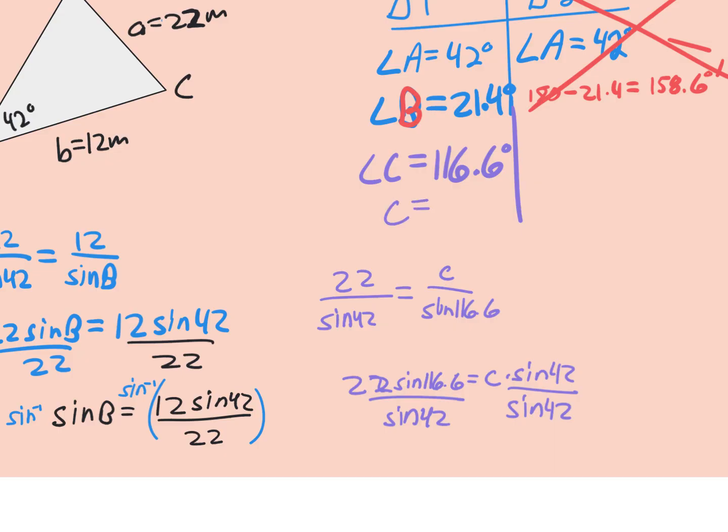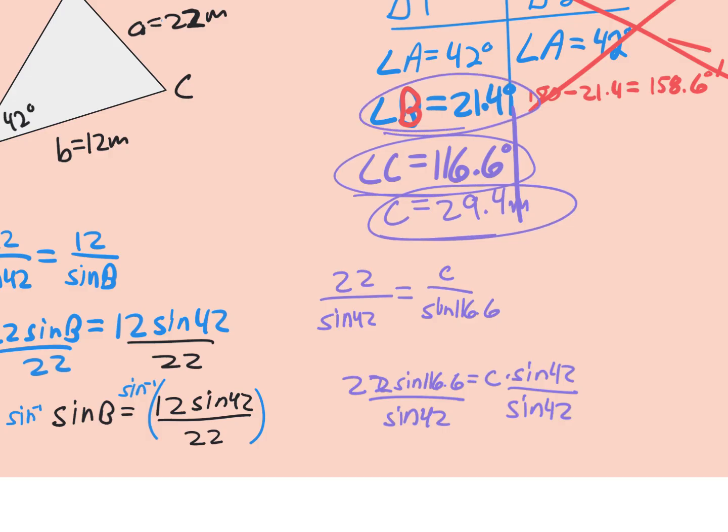Again, this is where a lot of mistakes happen. Just be super careful. All right, and then we should get 29.4 meters. So we found side C, angle C, and angle B. So this triangle is solved.